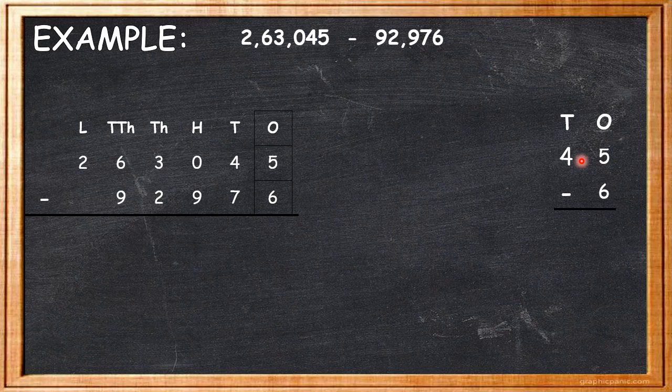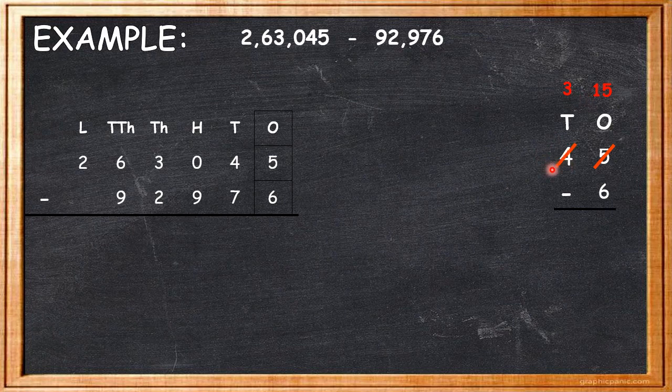So that 5 can increase its value. So 4 tens will help with 10 to 5 ones. And after getting 10, this 5 ones will become 15. And we will cut this 5. And after giving 10, this 4 will become 3 tens.